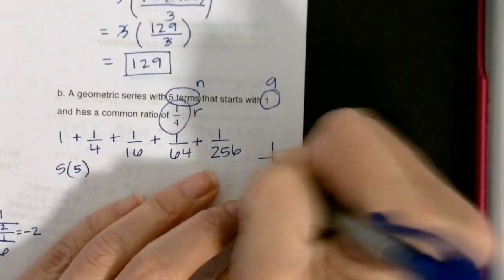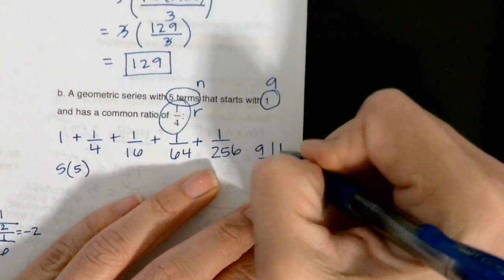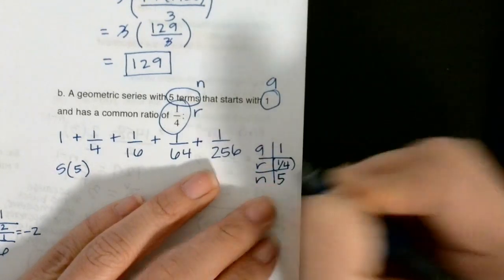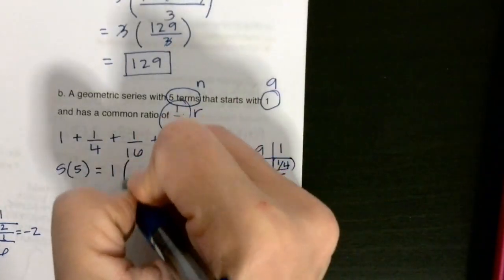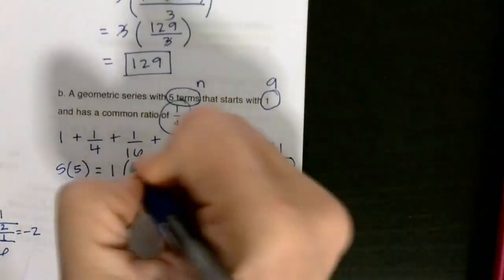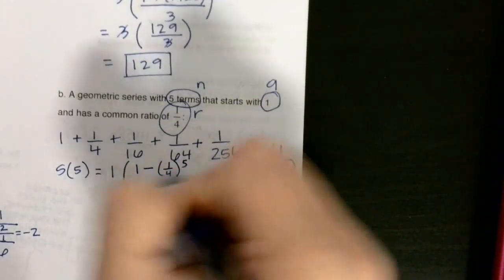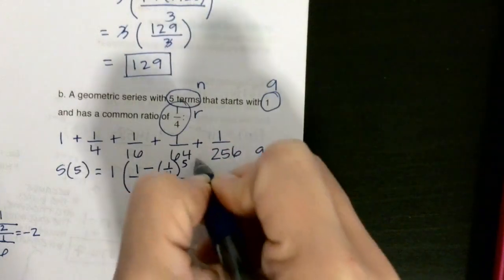Off to the side, you will always see me make this little legend key thing so that I don't forget. And then this was 5 terms. So we got some fraction work on this one, but no a value to multiply it. Well, it's 1. So 1 minus 1/4 to the 5th all over 1 minus 1/4.